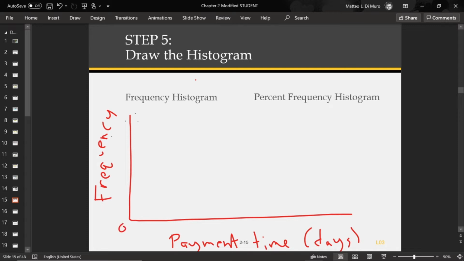So there's 0, 5, 10, 15, 20, 25, 30. Now, you do need to label. There.